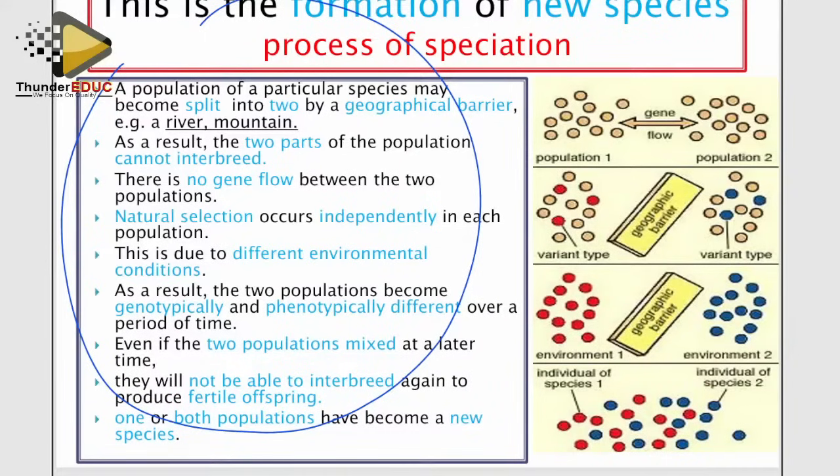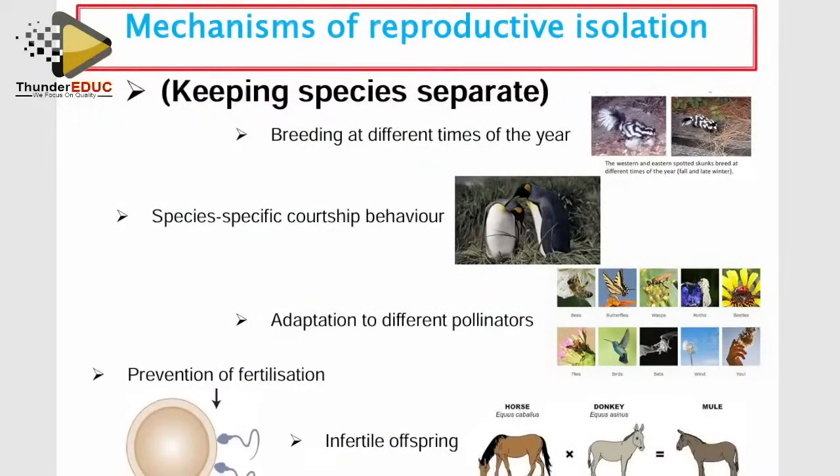Okay. Then we go to the next question. So these are the different methods by which species are separated. You can be separated by breeding at a different time of the year. Or by courtship behavior. The way you do courtship is not the same way dogs do courtship. However, humans, you are different. You like different ways and styles.